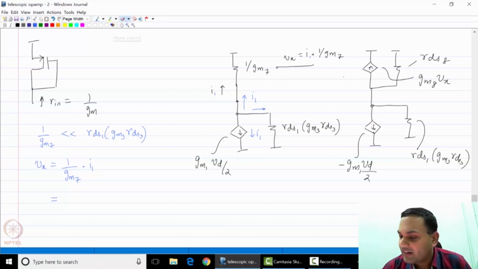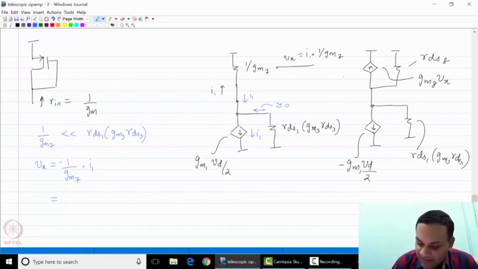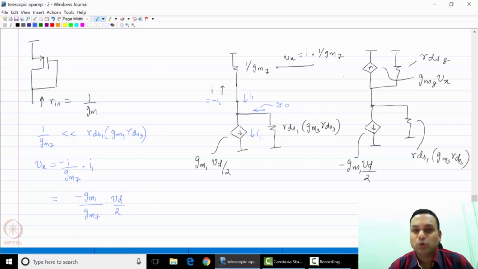Let us use the correct current directions so that we don't make a mistake in the signs. This current is being pulled by I1, so I1 flows through 1 over gm7. The other path is approximately 0 because it is such a large output resistance. Now Vx is minus 1 over gm7 times I1, so I is equal to minus I1. So Vx is minus gm1 by gm7 times Vd by 2.